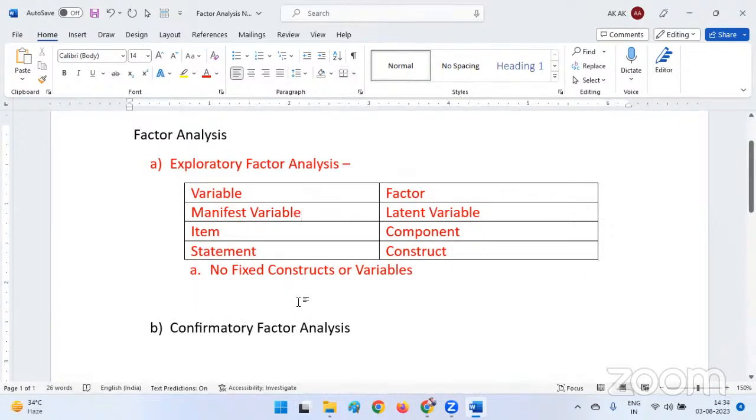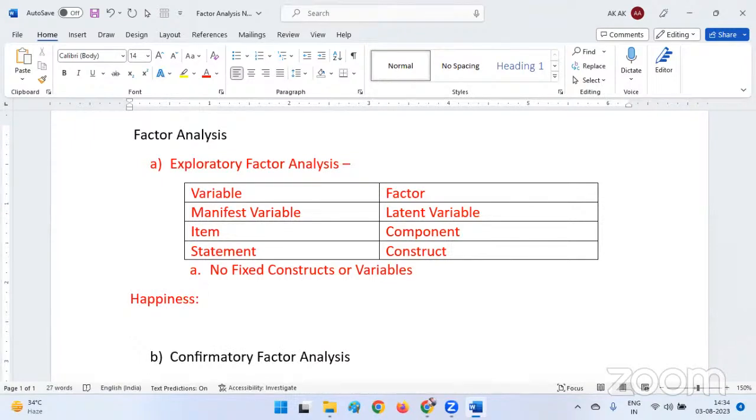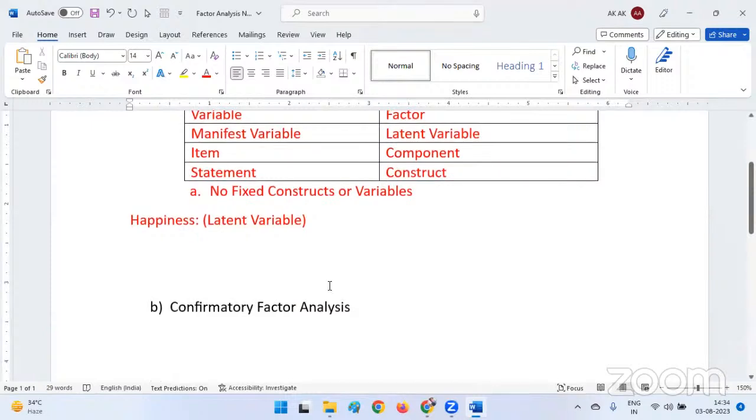Suppose we want to measure happiness. Happiness cannot be measured directly. It is a latent variable. I want to measure your happiness, so I make a scale with four statements which are very similar to each other.